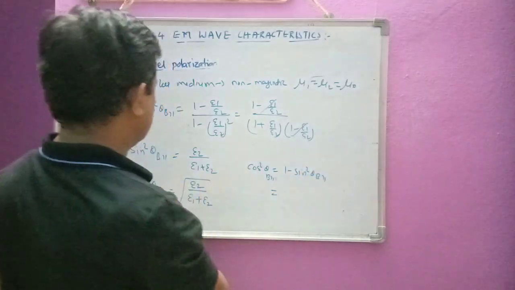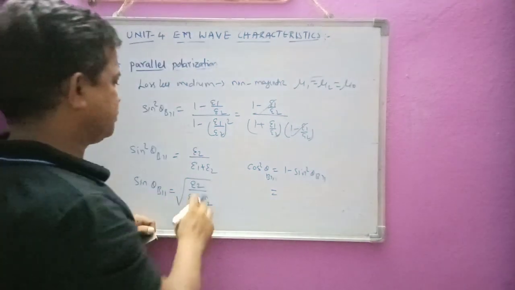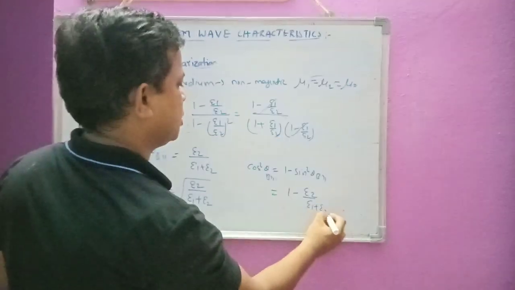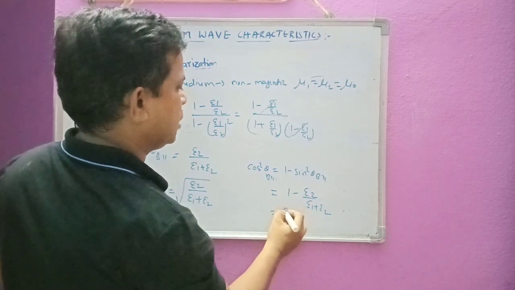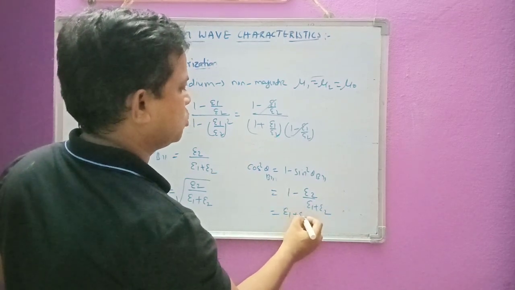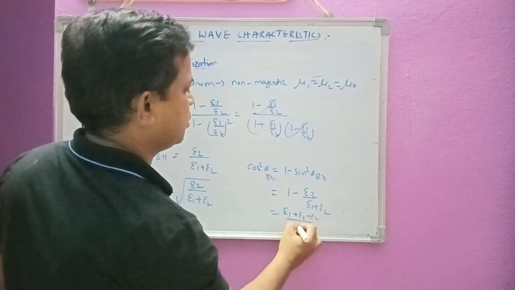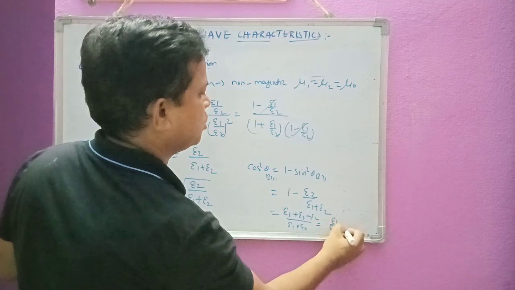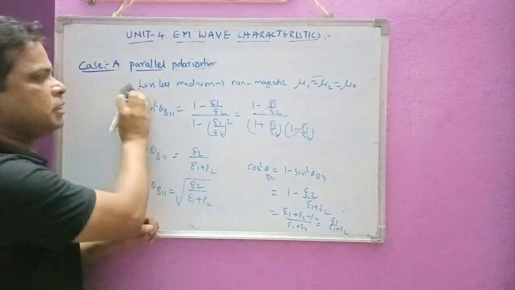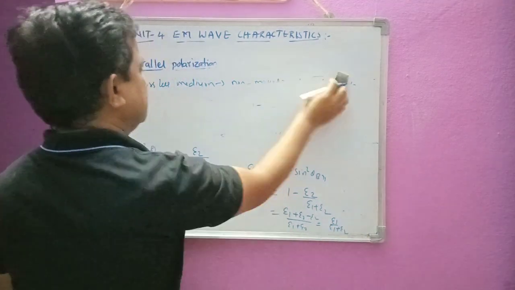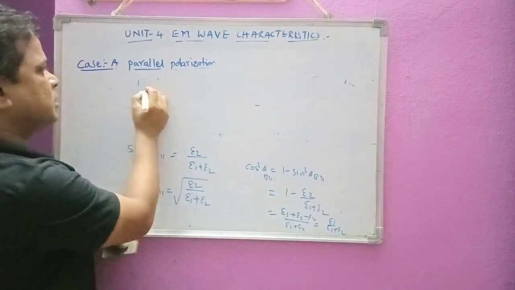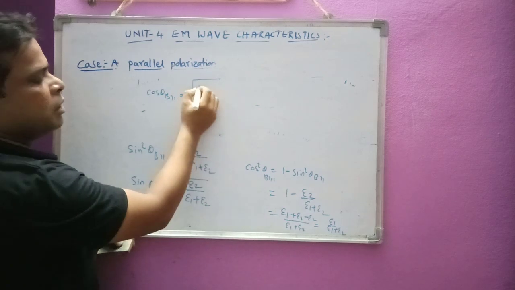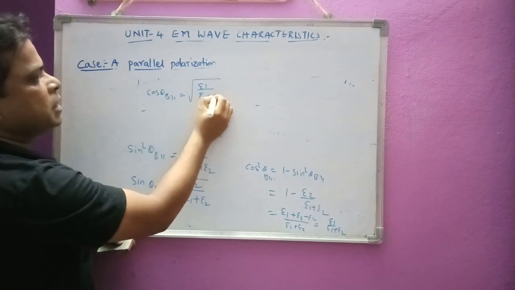So I can use this equation here, 1 minus epsilon 2 by epsilon 1 plus epsilon 2, I can write here as epsilon 1 plus epsilon 2 minus epsilon 2 by epsilon 1 plus epsilon 2, that is equal to epsilon 1 by epsilon 1 plus epsilon 2. So now I can write the cos term as cos theta b parallel as square root of epsilon 1 by epsilon 1 plus epsilon 2.